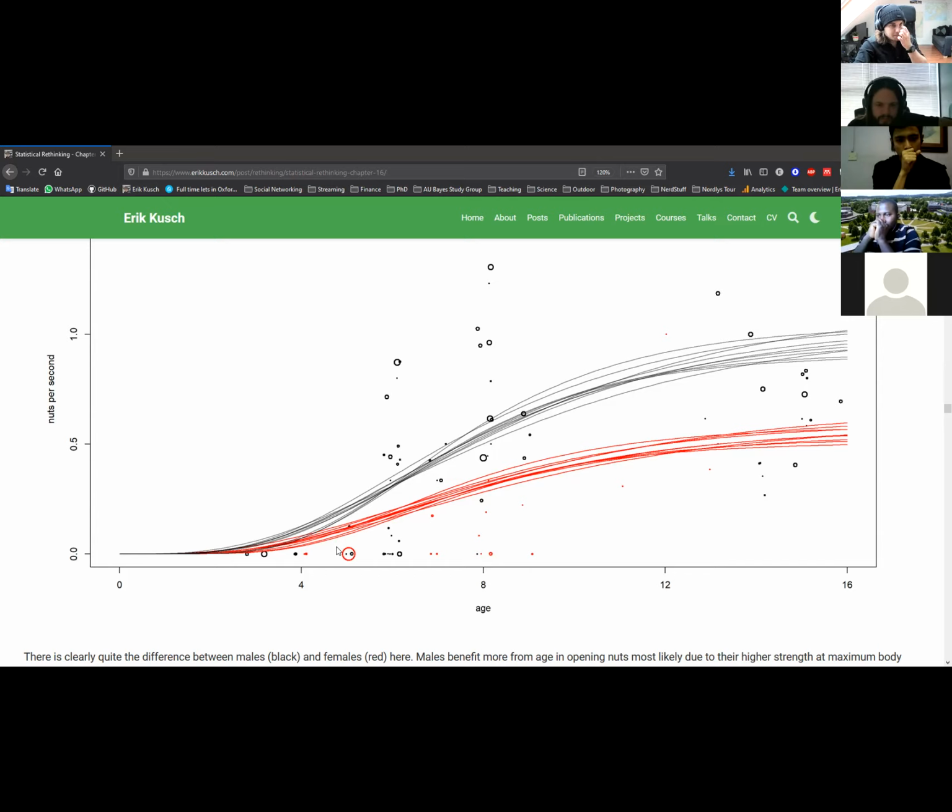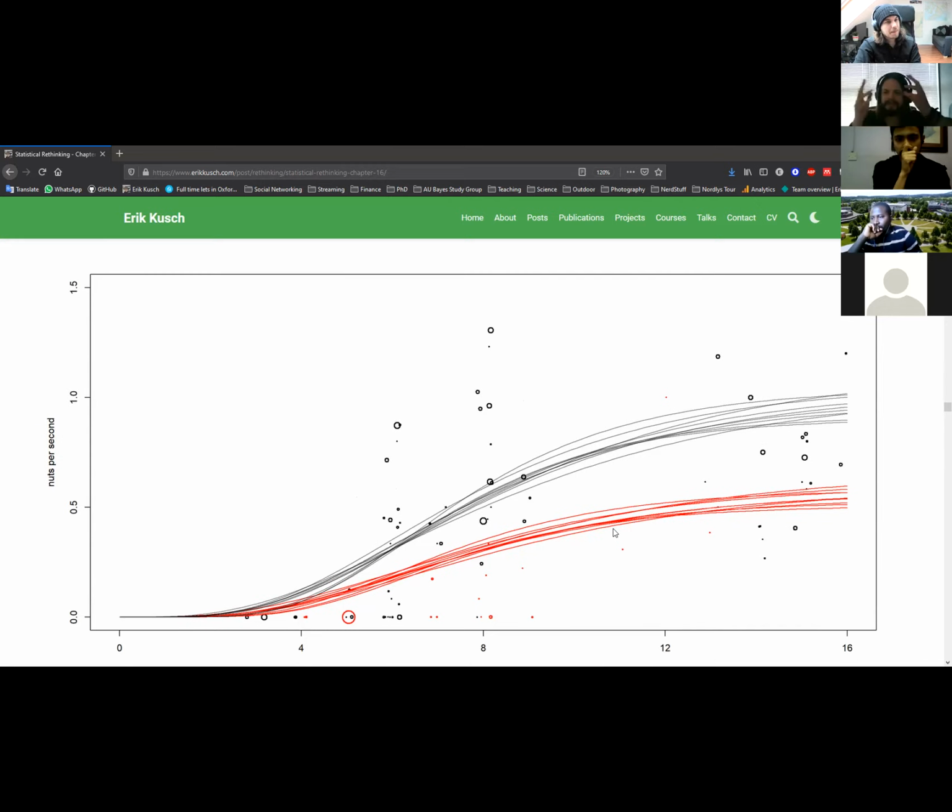That's why it's got a big circle, but almost all of the other females weren't observed for any considerable amount of time. Okay. So actually, the larger the circle, the more it should go into predicting this over-dispersion, right?